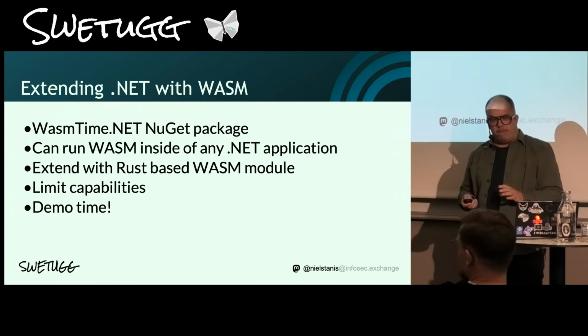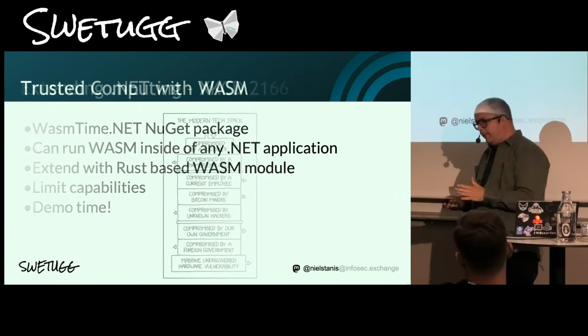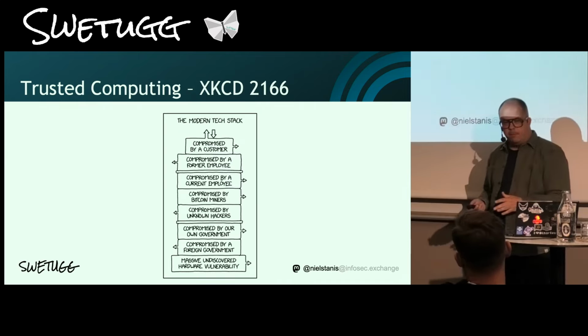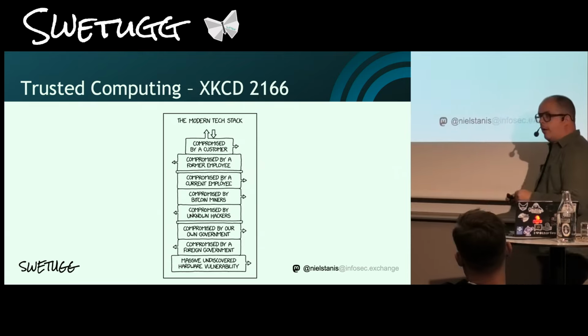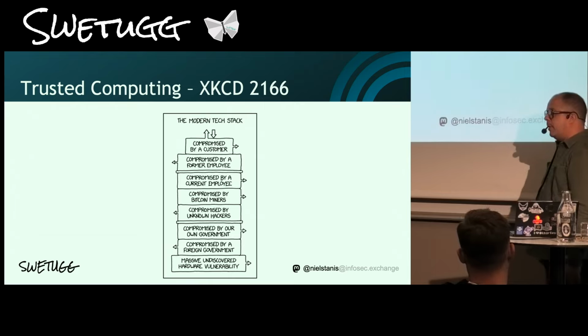I'm going to move a bit more to trusted computing and cloud compute, because everybody is probably familiar with XKCD, those nice drawings. SQL injection, that's the one everybody uses when they talk about security, like your surname is drop tables, right? There's also one on the whole dependency stuff that I've used a lot.